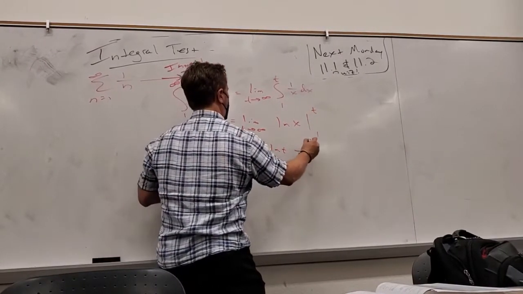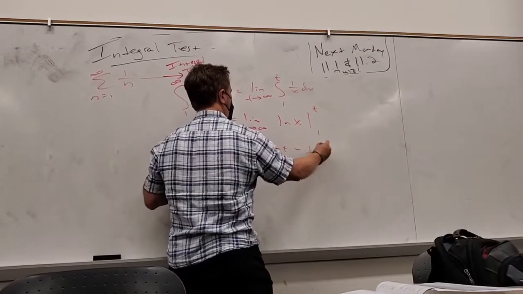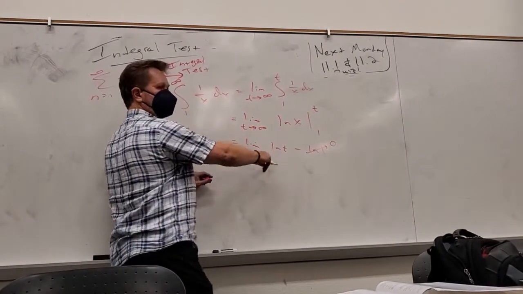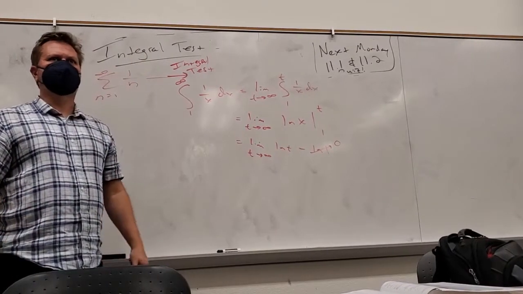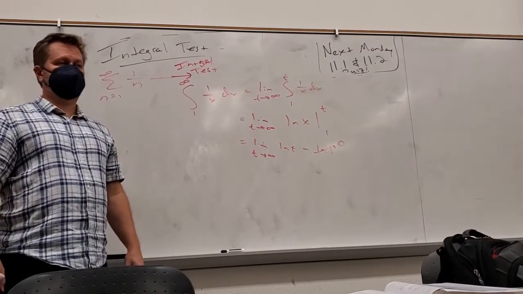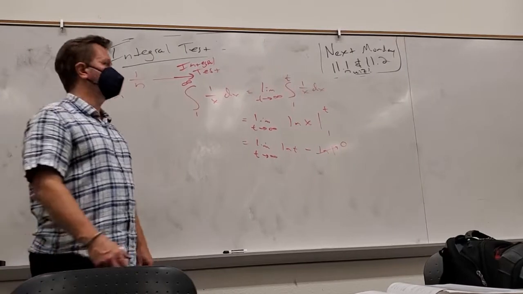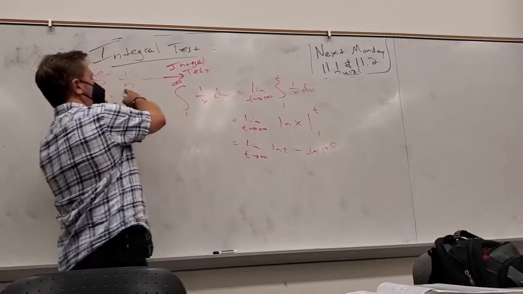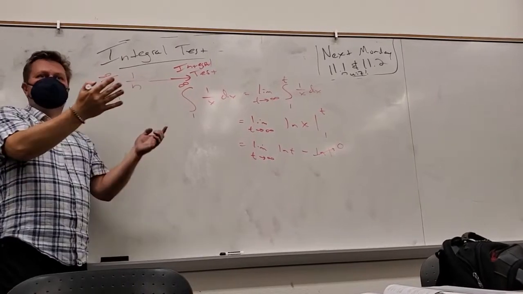Natural log of t minus natural log of 1. What's the natural log of 1? 0. So what happens to this as t goes to infinity? It grows very slowly, but still, it goes to infinity. Diverges. This integral diverges, therefore this diverges.